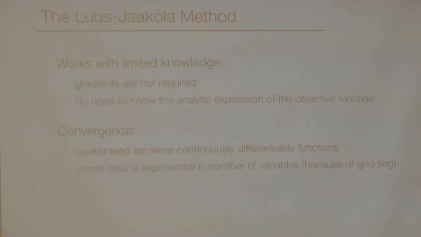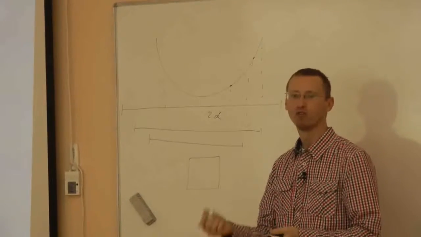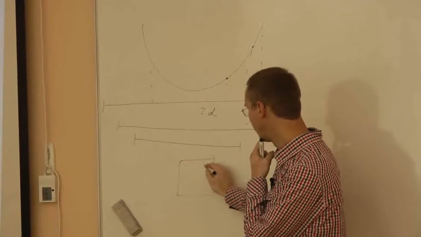And this has something to do with the following: if you imagine, in 1D we had a line segment and we were essentially generating random points in the line segment. In 2D, we are generating random samples in a box, okay? And for good convergence, we do require that we cover the box.